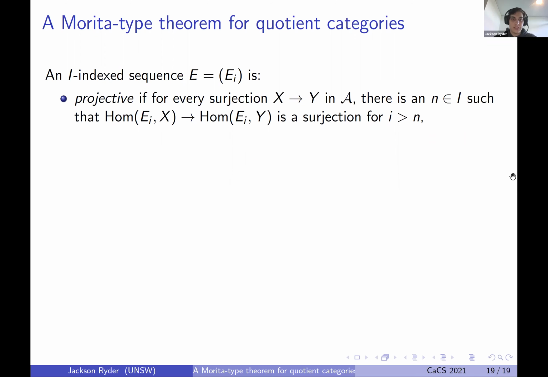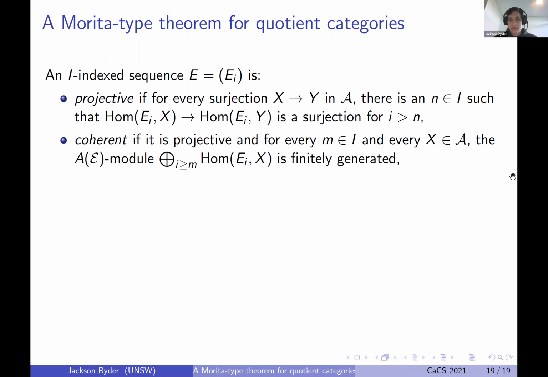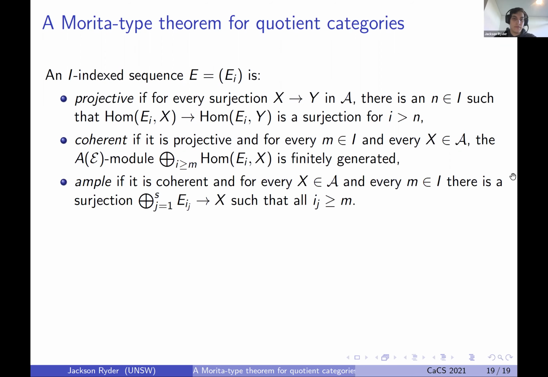So we have projective, which is the analog of projective. We have our coherent condition, which is our analog of finite generation. But now we're working with coherent, or finitely presented and coherent, algebras instead of finitely generated and Noetherian algebras. And lastly, we have ampleness, which is our analog of the generator condition for a progenerator. If a sequence satisfies all three, we just refer to it as ample.